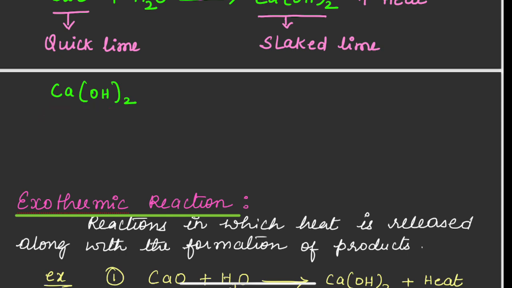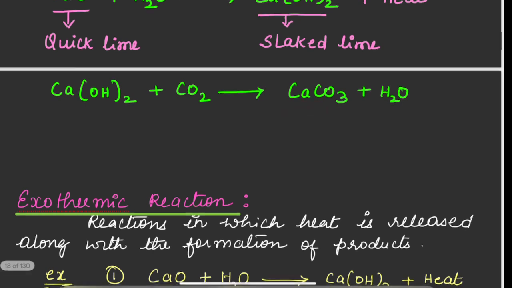When it reacts with carbon dioxide gas, you can see the formation of calcium carbonate plus water. This is responsible for giving white color to the wall. So white shining color to the wall is due to the formation of calcium carbonate. Calcium hydroxide will react with carbon dioxide in the air and it will form calcium carbonate and water.